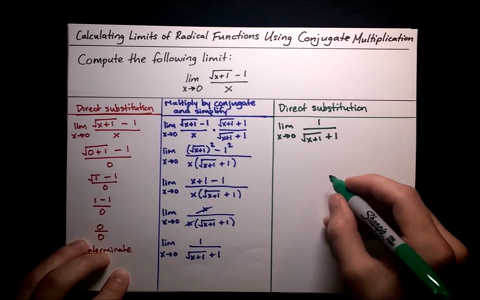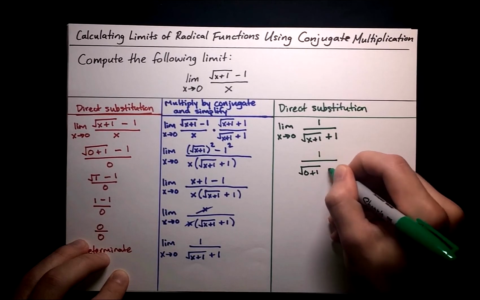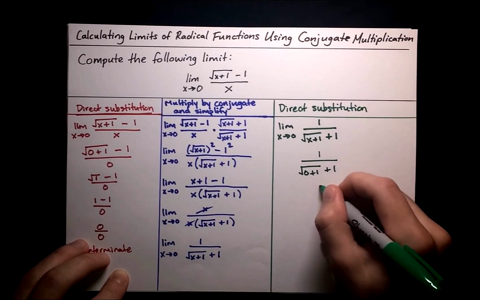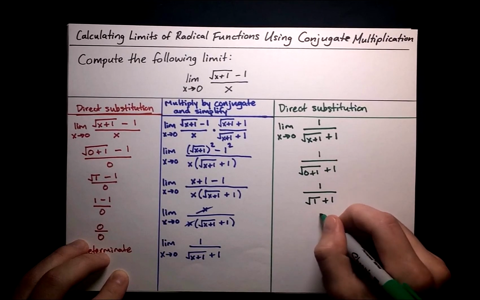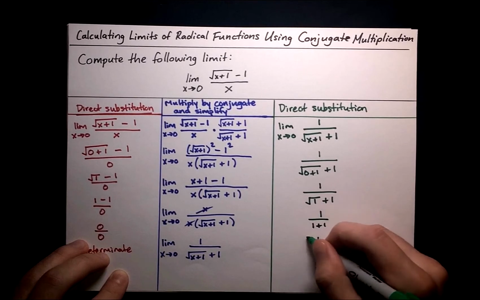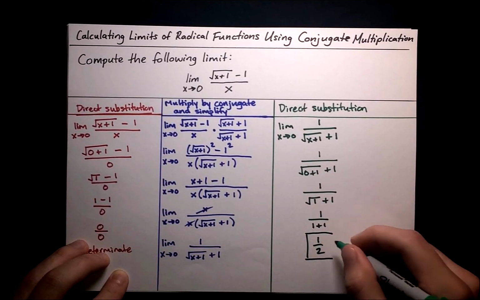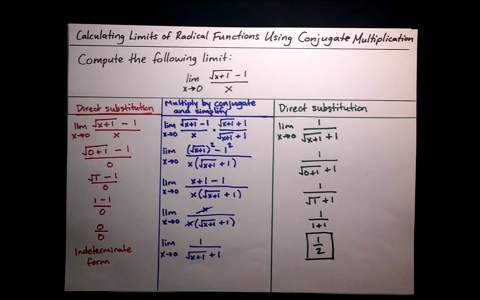Just plug in x equals 0 and we get 1 over root of 0 plus 1 plus 1, which becomes 1 over root 1 plus 1, which is just 1 over 1 plus 1, which is just 1 over 2. So there we go, 1 over 2, a half. This is a sensible result for our limit, and we're done. That's the value of the limit, 1/2.